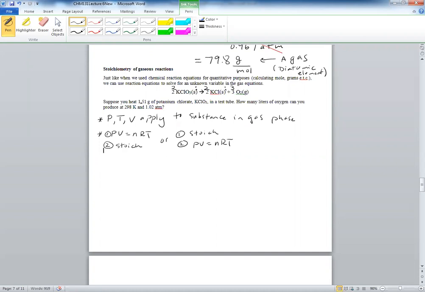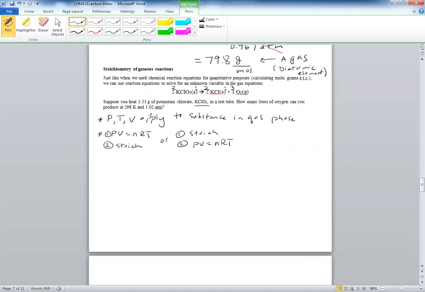So let's read the question. It says, suppose you heat 1.51 grams of potassium chlorate, so we're given the mass of potassium chlorate, in a test tube. How many liters of oxygen, O2, can you produce at 298 Kelvin?